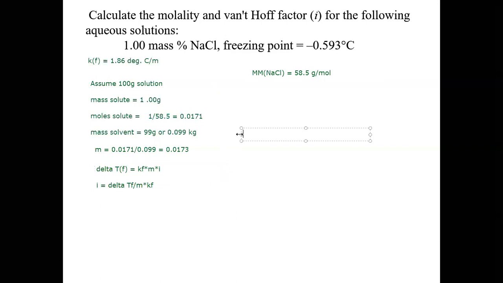So delta TF is equal to the freezing point of pure solvent minus the freezing point of solution. So that would equal 0 minus a negative 0.593. So delta TF equals 0.593. So now we can find i.